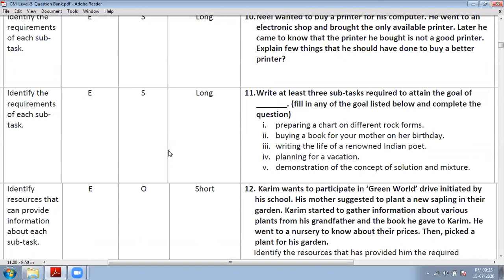Here you can write, find out different. If you choose this one, preparing a chart on different rock forms, I will tell you one, and for each and every question you have to write at least 3 subtasks. All these are the main tasks. You have to write at least 3 subtasks. So the first one is preparing a chart on different rock forms.